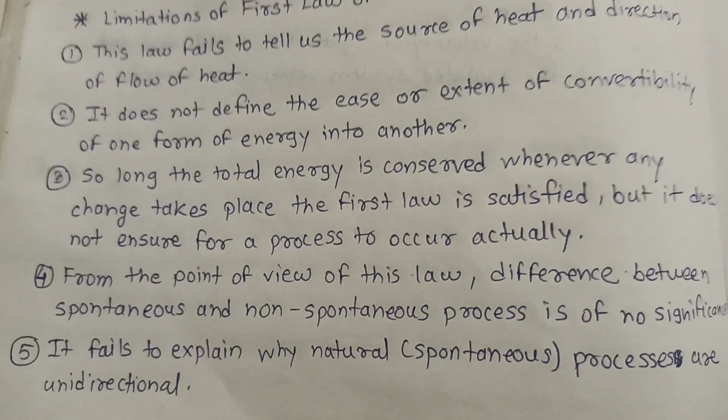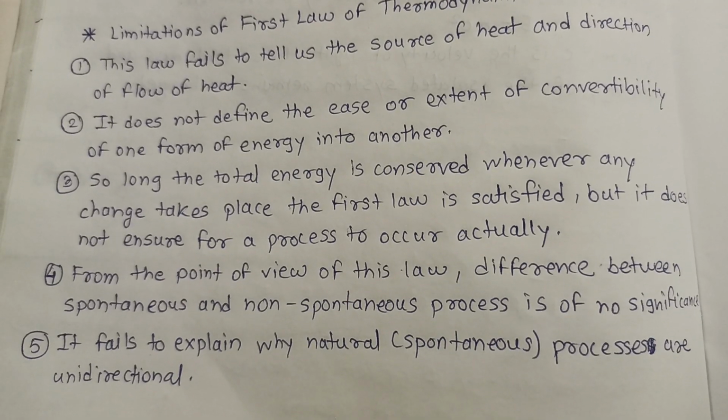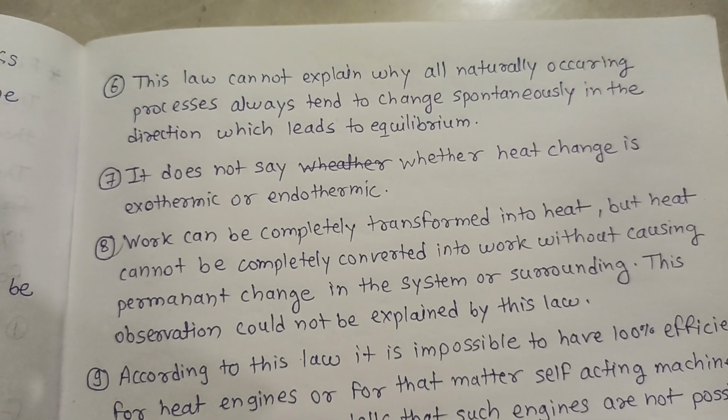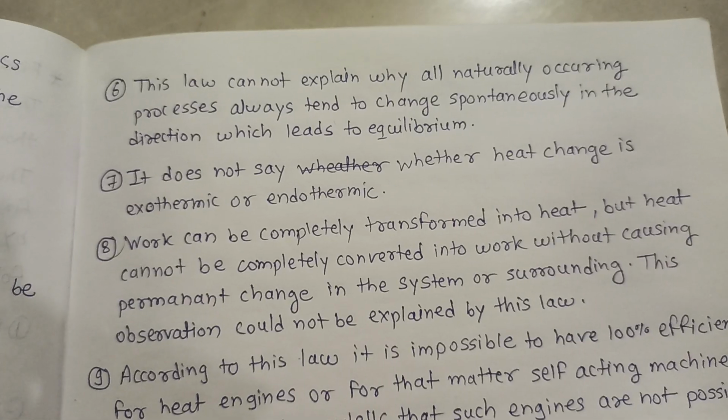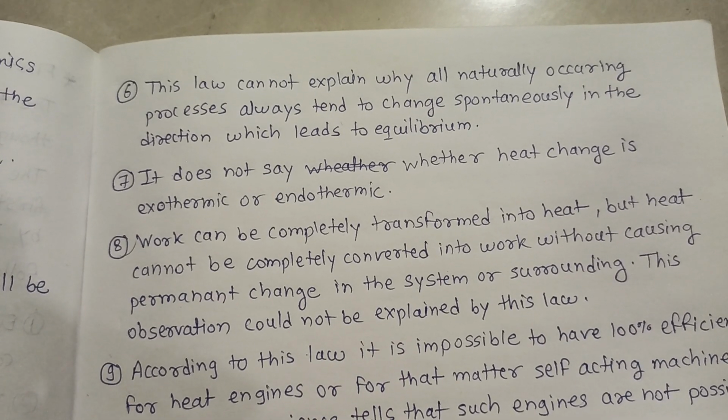Fifth, it fails to explain why natural, that is spontaneous, processes are unidirectional. Sixth, this law cannot explain why all naturally occurring processes always tend to change spontaneously in the direction which leads to equilibrium.